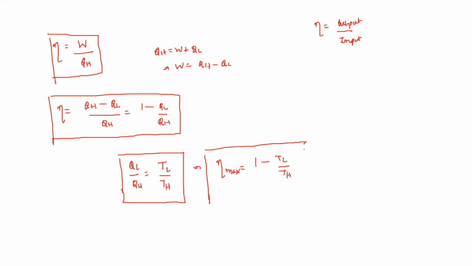In general, the efficiency of any thermodynamic heat engine is W by QH or 1 minus QL by QH. For a Carnot engine, remember, 1 minus QL by QH is equal to 1 minus TL by TH.